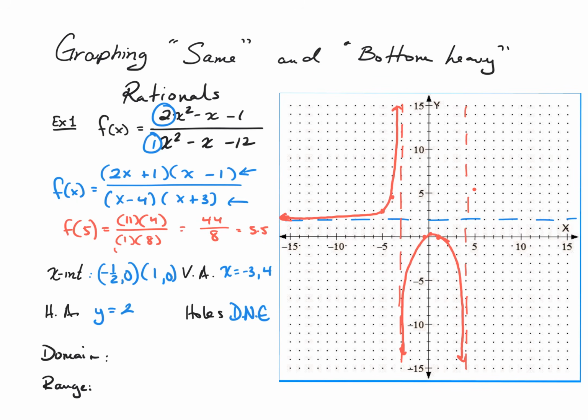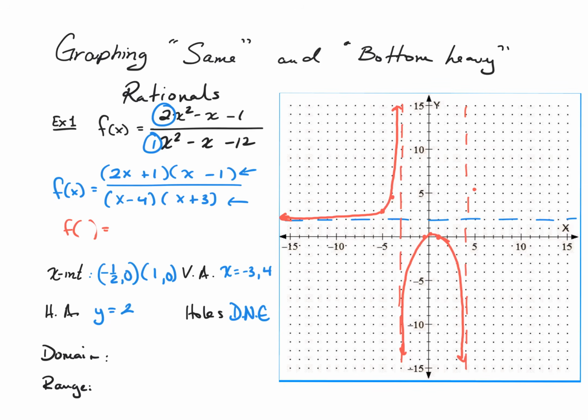Then I'm just going to check a really far number away. I'm just going to plug in positive 20. So I'm evaluating f of 20 here, and I'm going to see, does it cross over the horizontal asymptote? So here we go.